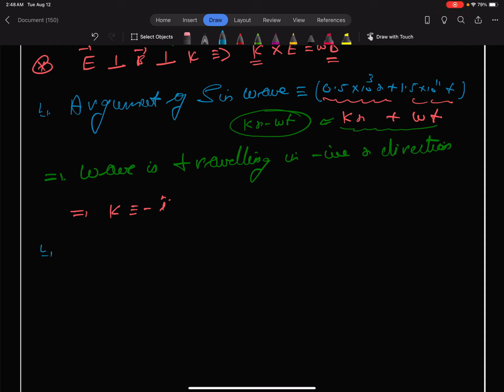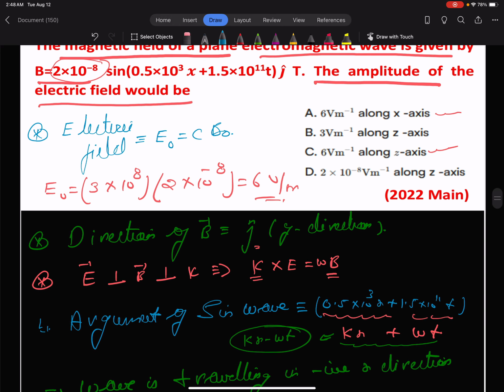We know that our magnetic field is along the J unit vector, and k is along the minus I unit vector. Therefore, our electric field will be E naught times a K unit vector, that is in the Z direction. So option C is correct.